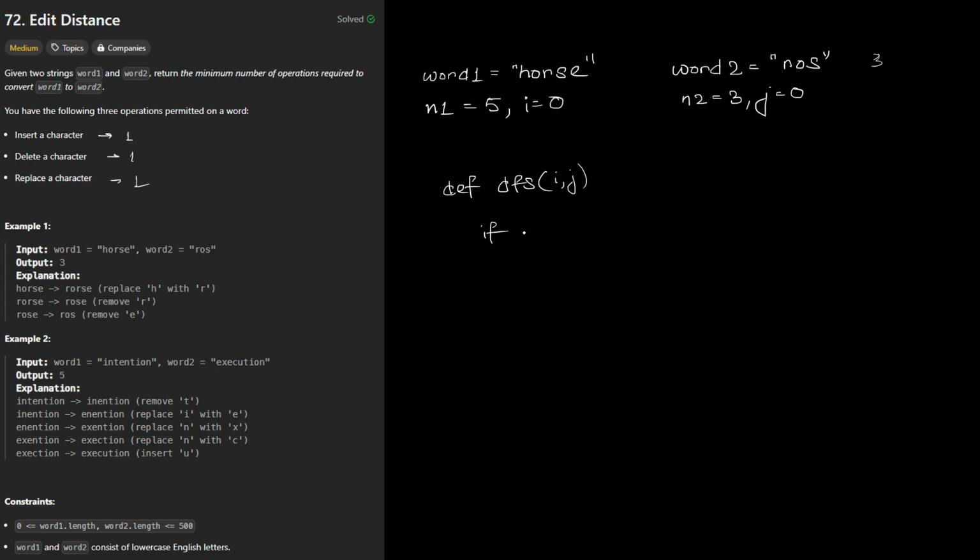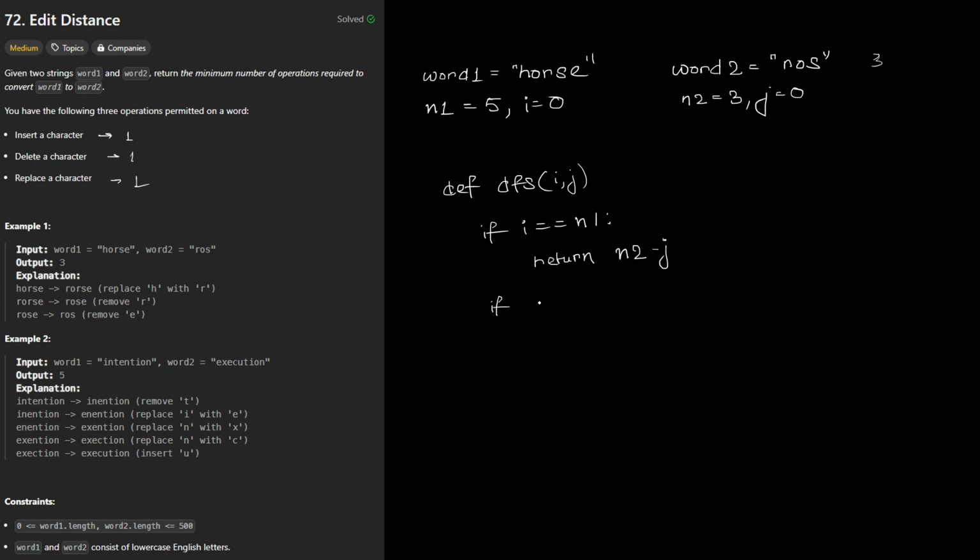If my i is equal to n1, then I can return whatever remains, so it would be n2 minus j. Currently j would be at, let's say, 3 or 4, and it is going to return that.